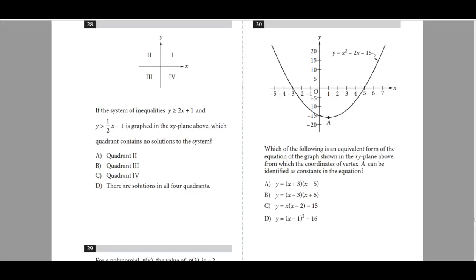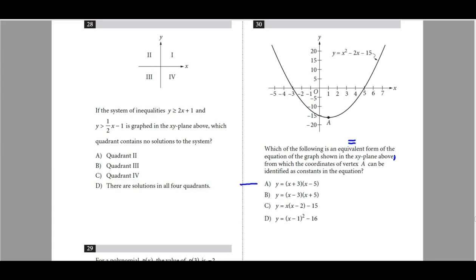All right, number 30 here, we have a quadratic equation. It looks like we have to match the graph there to the points down here at the bottom. But let's read through and take a look. It says, which of the following is an equivalent form? So which of these are equal to the equation of the graph shown above? If you stop right there and only do this part, there's actually a couple answers down here that work.